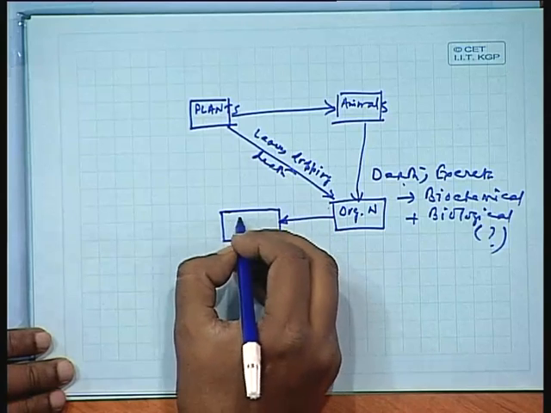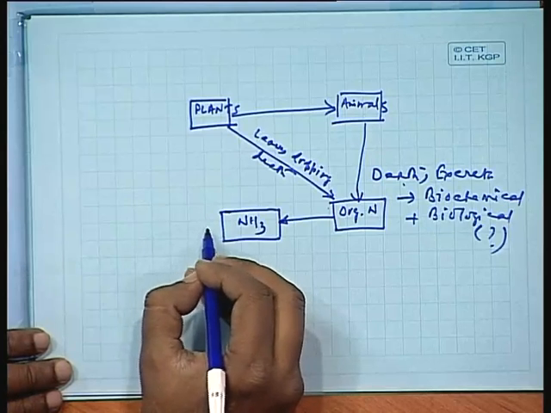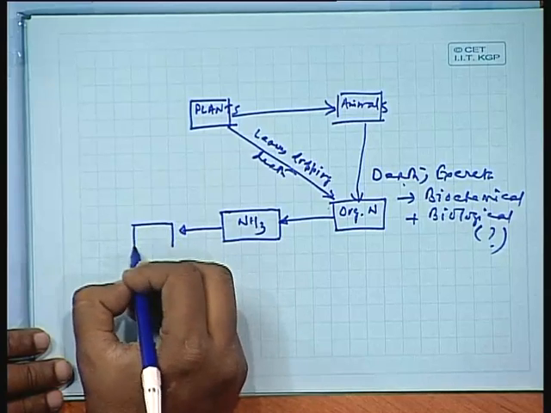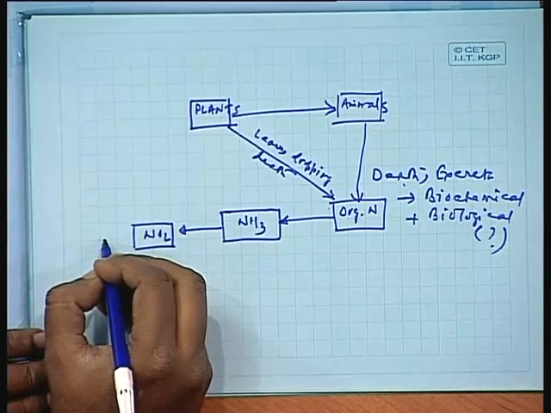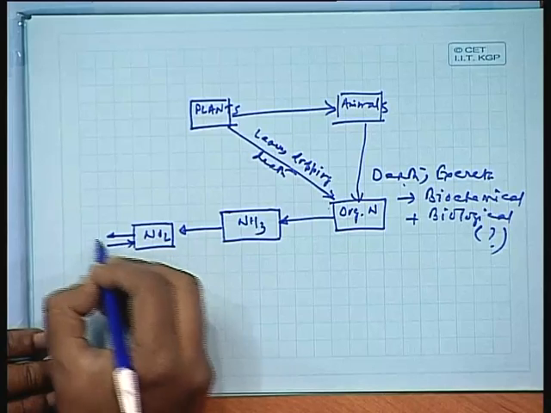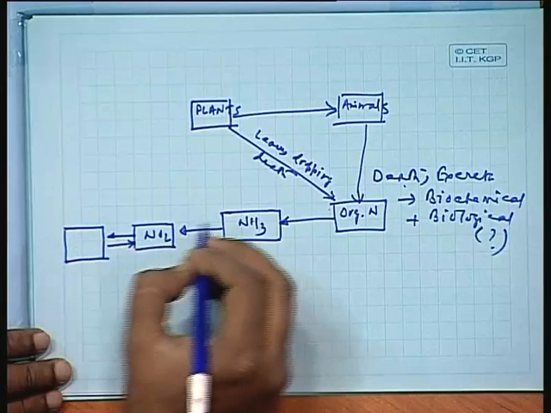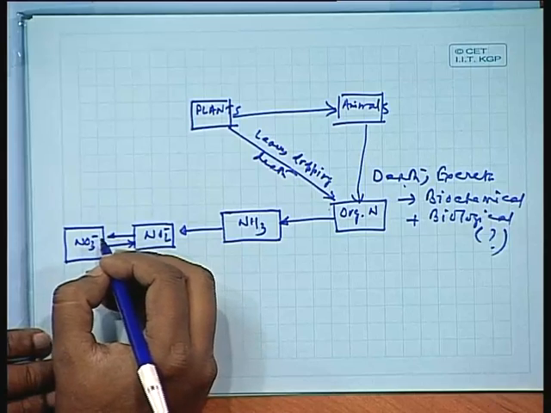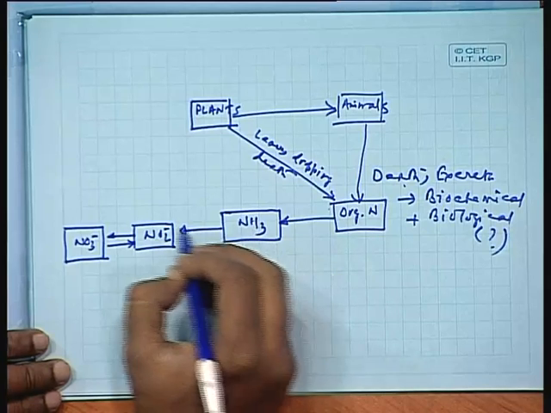After about 5 days of decomposition, you find NH3. This NH3 would finally be formed as nitrite, then nitrate. There would also be some nitrogen in this.